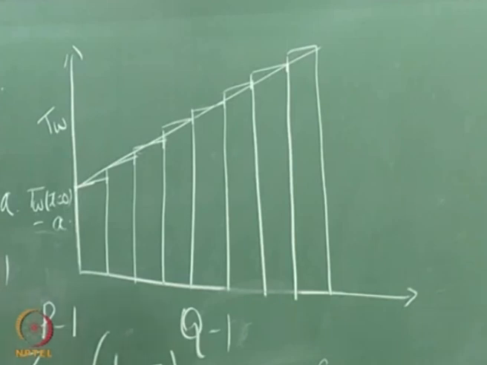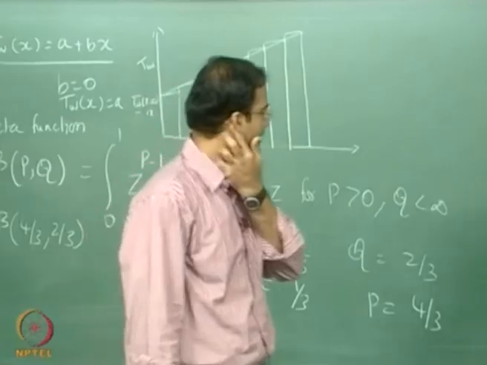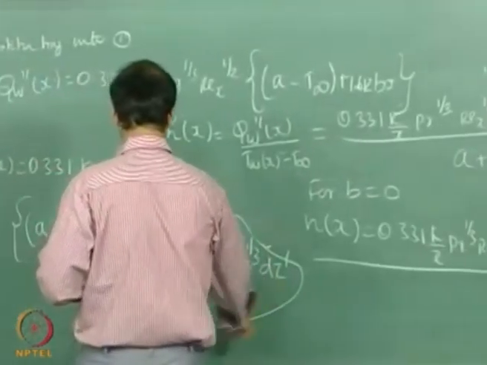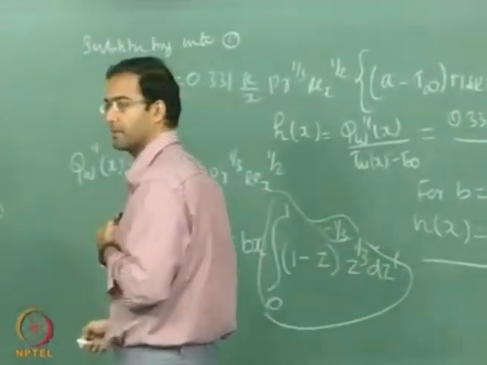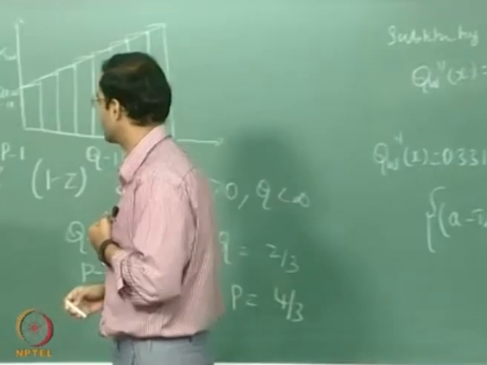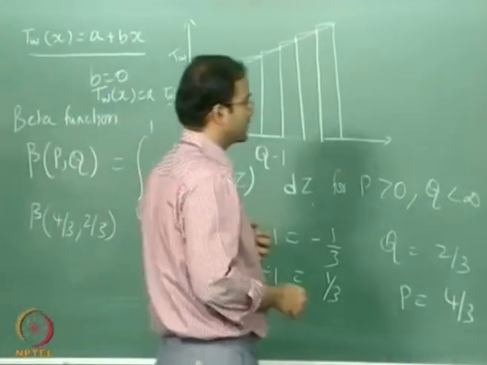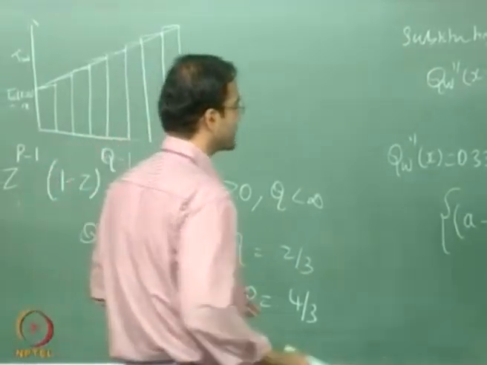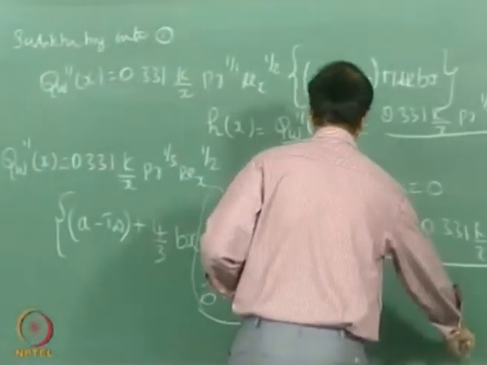You can divide this into piecewise constants, and instead of the integration that we did here, we will replace this by discrete summation. If you do that, you can also get a somewhat similar expression, but that will be in a slightly discrete form.